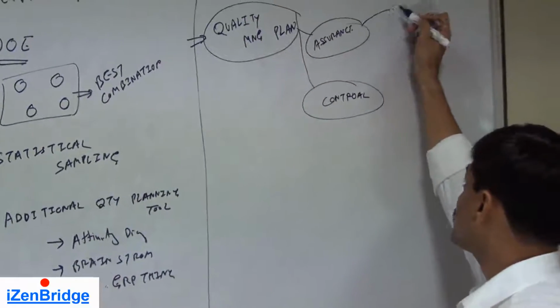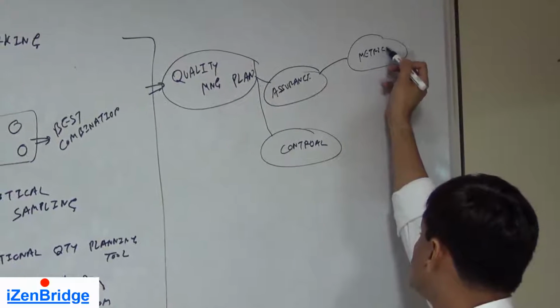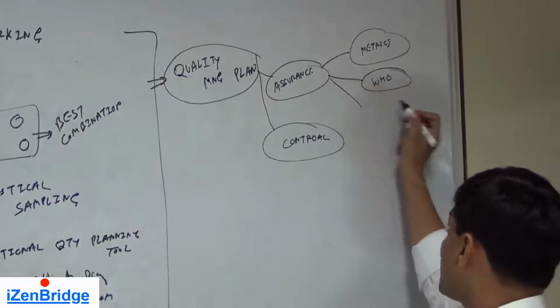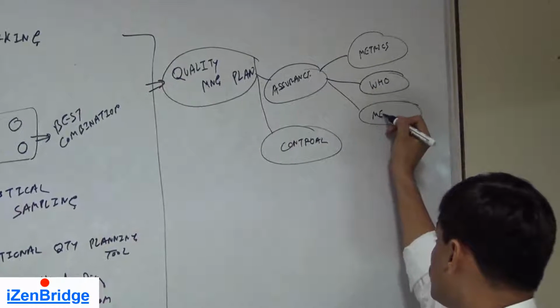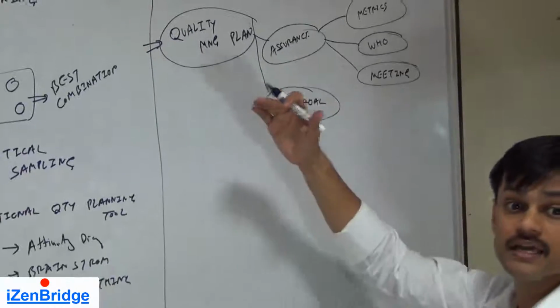So the quality management plan should have these guidelines. In assurance, what metrics we will use, who is responsible for assuring things, what kind of meetings we are going to conduct, and at what frequency, to ensure that things are as per the given targets.